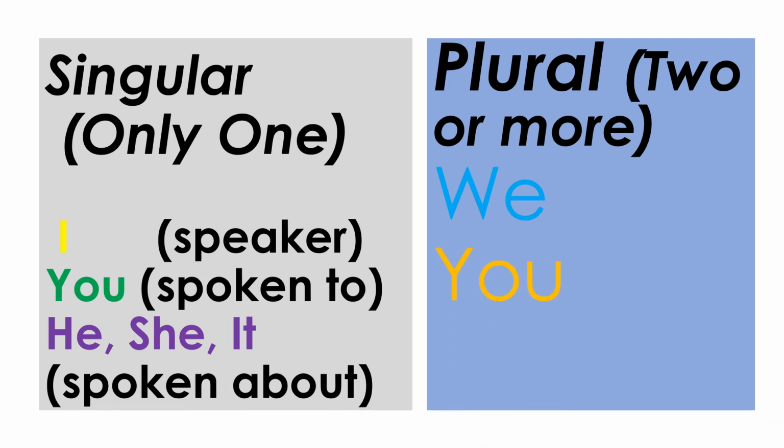We, you, they. Okay, remember that. I, you, he, she, it, singular. We, you, they, plural. Okay?